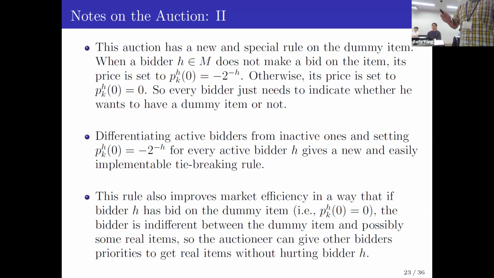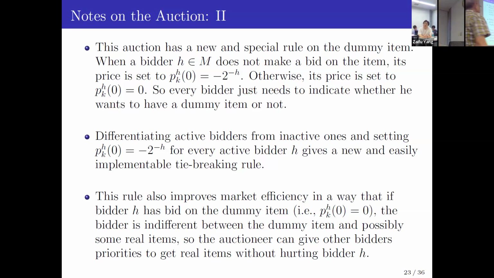If he is active, then the price will be set by the auctioneer by this number. Otherwise, the price will be set at 0. So this is a rule. And it's important that here we need to differentiate active bidders and inactive bidders. This is a kind of tie-breaking rule.